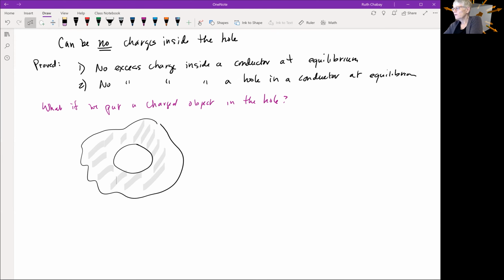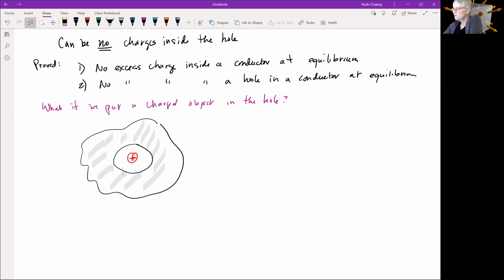But now what we do is we put a positive charge there. Well, we can actually figure out exactly how much charge there's going to be due to the polarization of this object on different pieces of the surface.